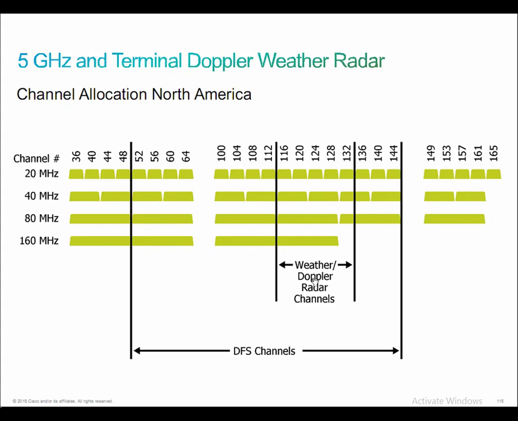TPC, another component, transmission power control, allows the AP to negotiate power levels during the association process for the client that's connecting to the AP. So the AP can actually inform the client of the range of allowable transmission power that can be used with that AP, and it can actually reject clients that might not meet those particular levels.